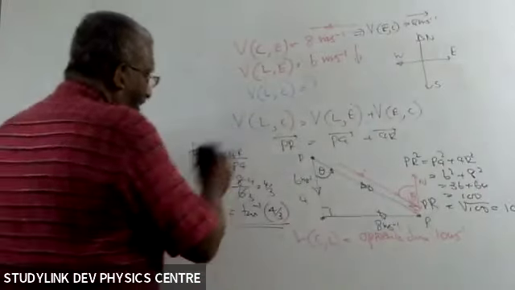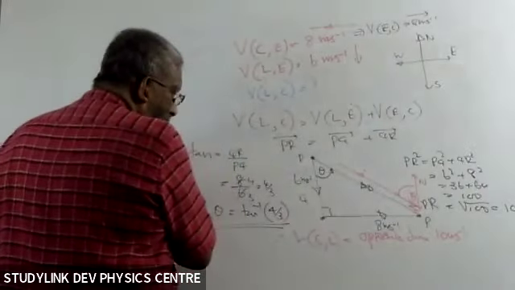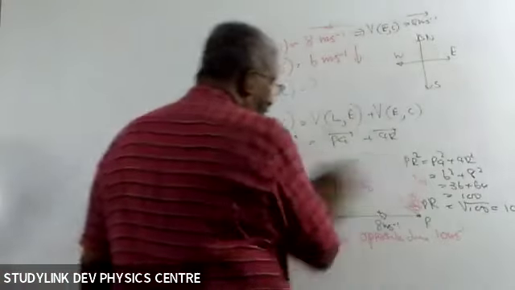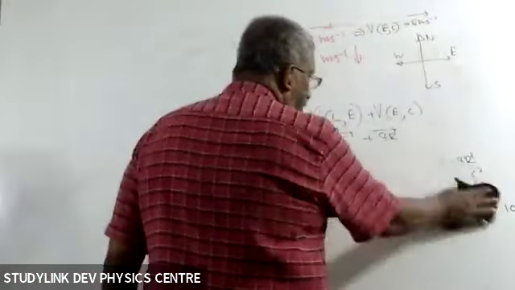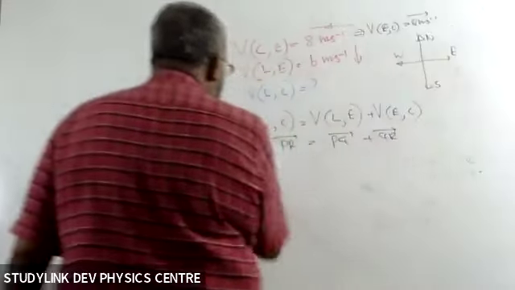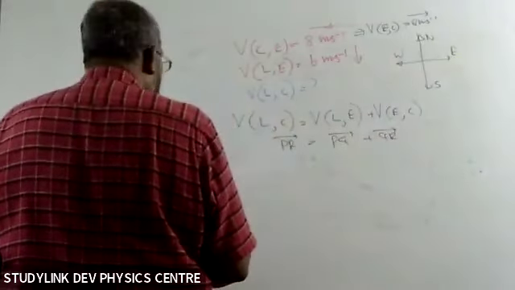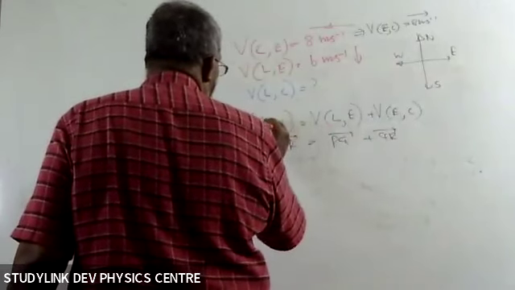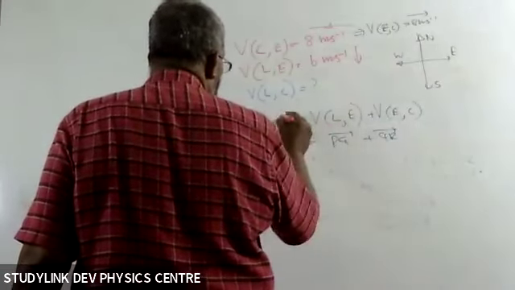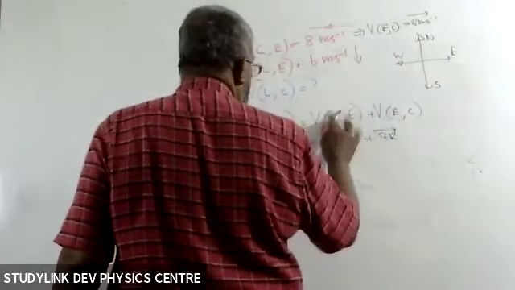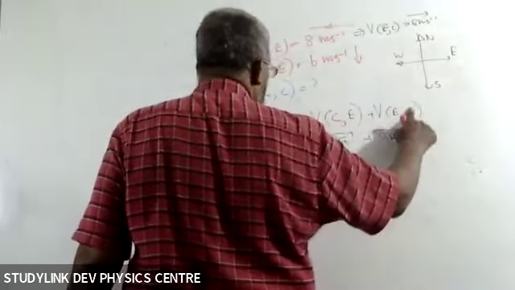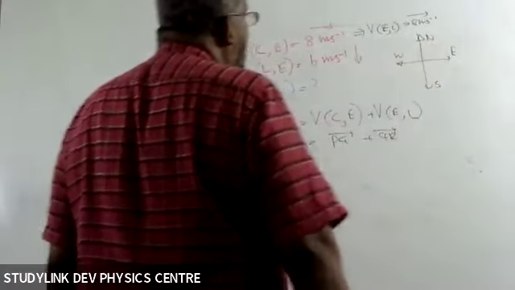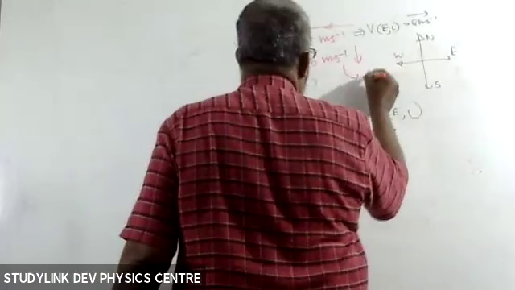We'll try to get the same using the longer method. Here we want to get velocity of the car relative to the lorry. Then VCE plus VEL.